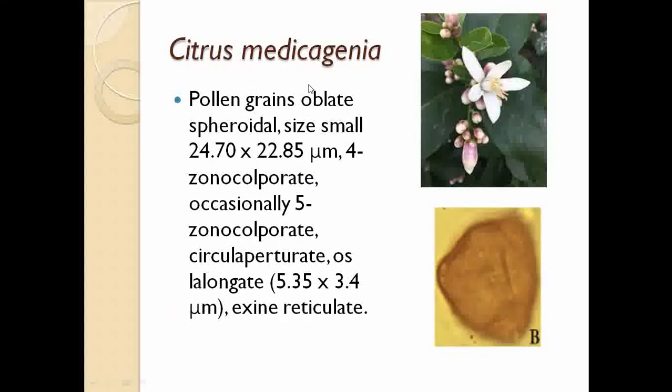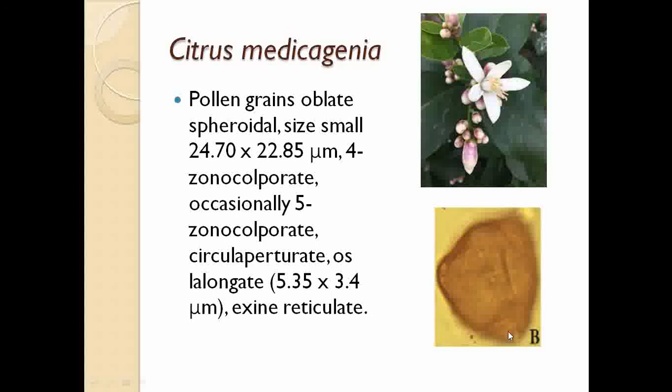Then the next example is Citrus medica. Whenever you observe the pollen grains after performing acetolysis, you observe a pollen grain with an oblate spheroidal shape. The size of the pollen grain is 24 by 22 micrometer. It shows the presence of four zones, or you can say four apertures.